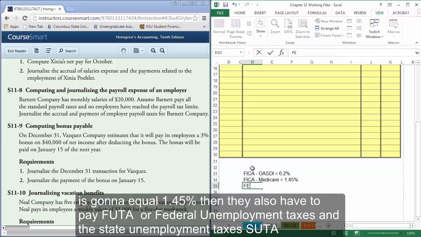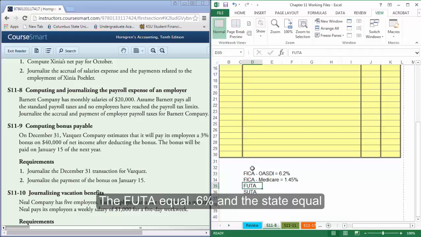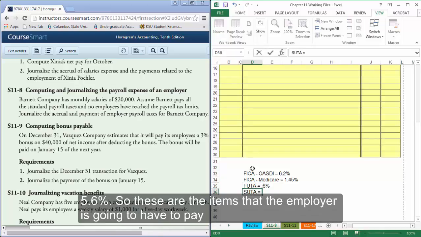Then they also have to pay FUTA, or federal unemployment taxes, and the state unemployment taxes, which we'll call SUTA. All right, so the FUTA equals 0.6%, and the state equals 5.6%. All right, so these are the items that the employer is going to have to pay.